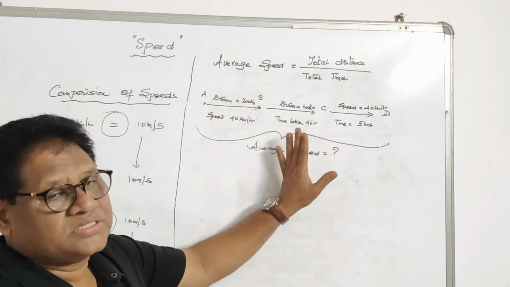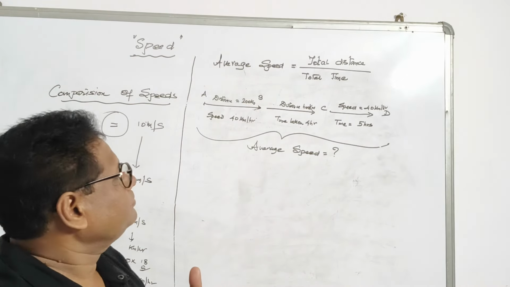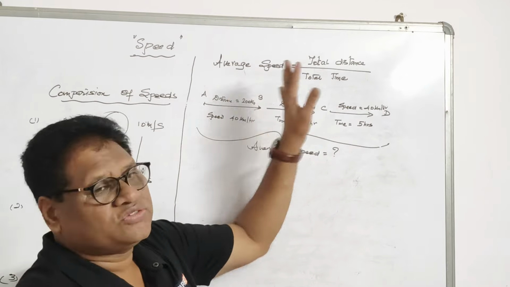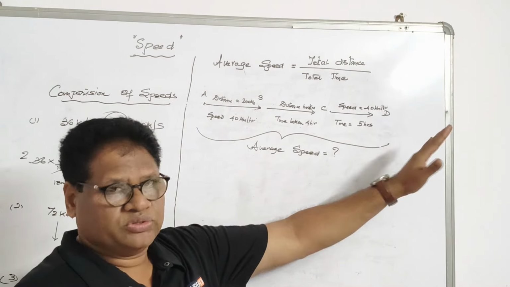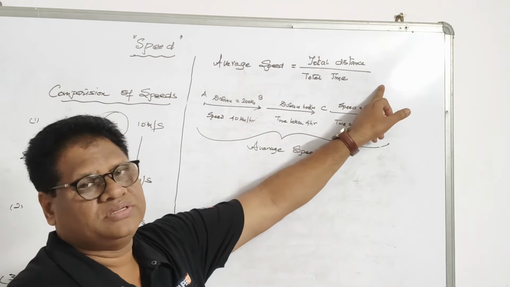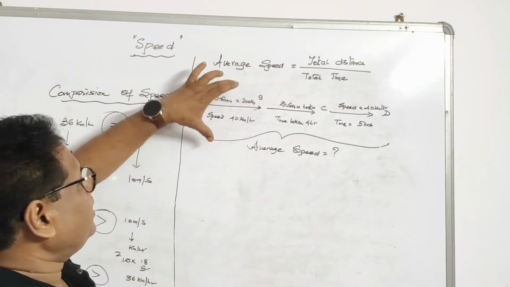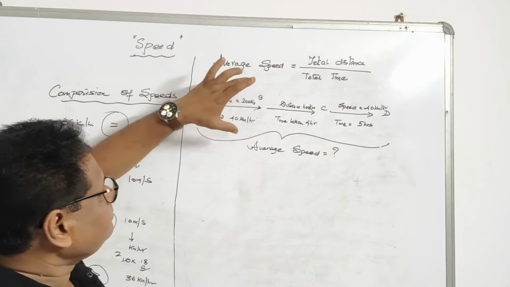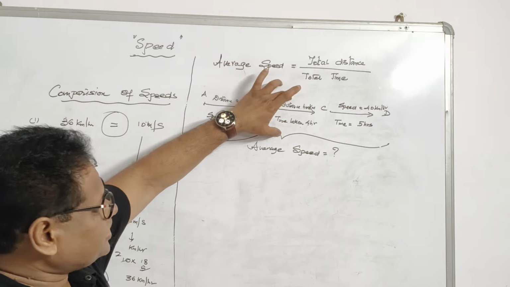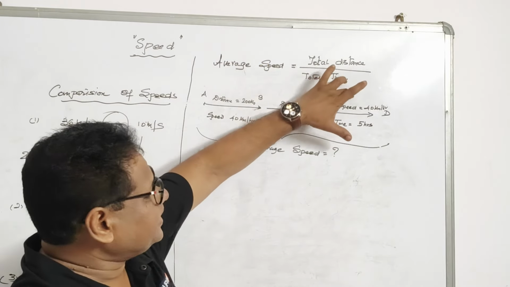So the question is a little bit tricky. You are not given the distance from A to B, B to C, C to D, so that you can directly add total distance. Here, in one part the distance and speed is given, in another part distance and time is given, and in the third part speed and time is given.